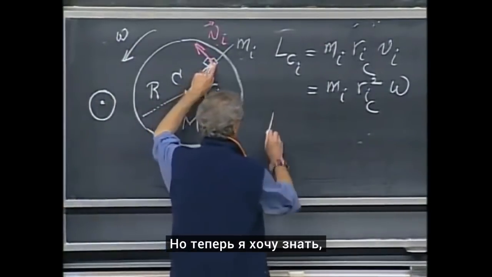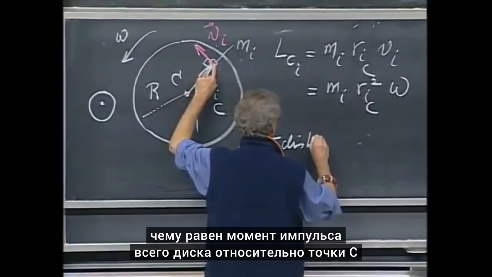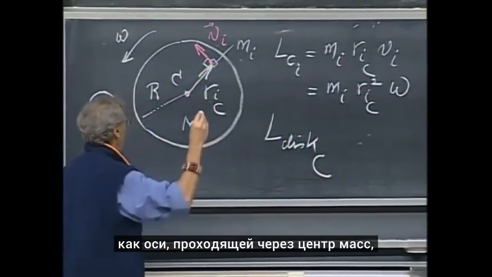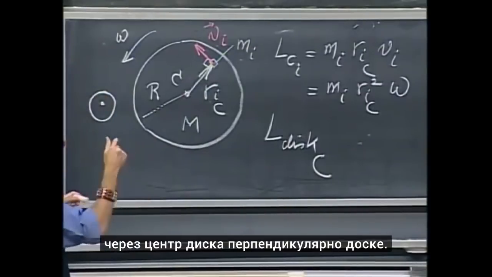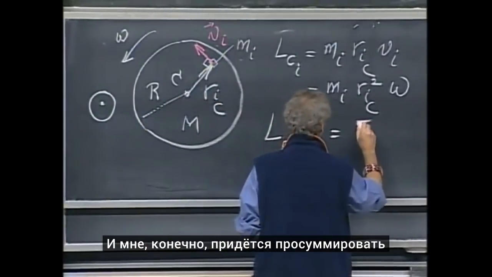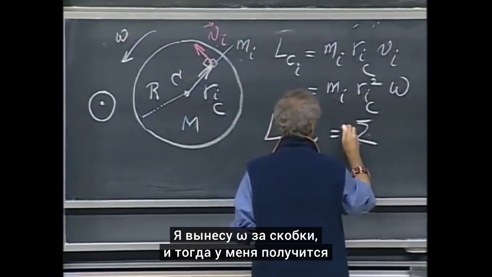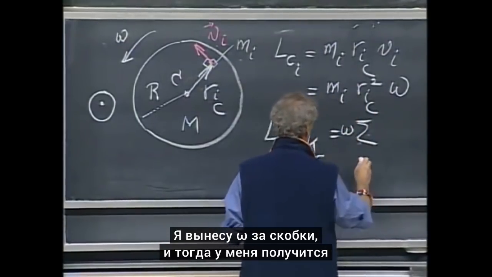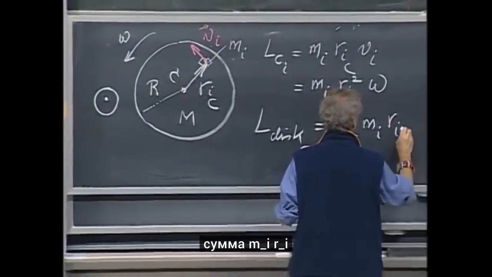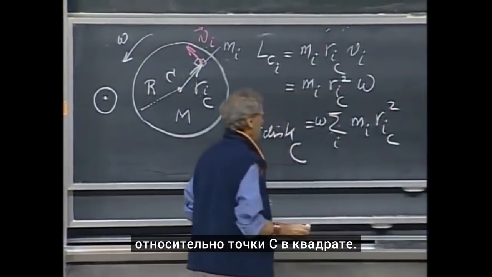But now I want to know what the entire angular momentum is about that point C. There's an axis going through the center of mass, through the center of the disk, perpendicular to the blackboard. And now, of course, I have to do the summation of all these elements i. I can bring the omega outside, and I would have then the summation of m of i, r of i, relative to that point C squared.